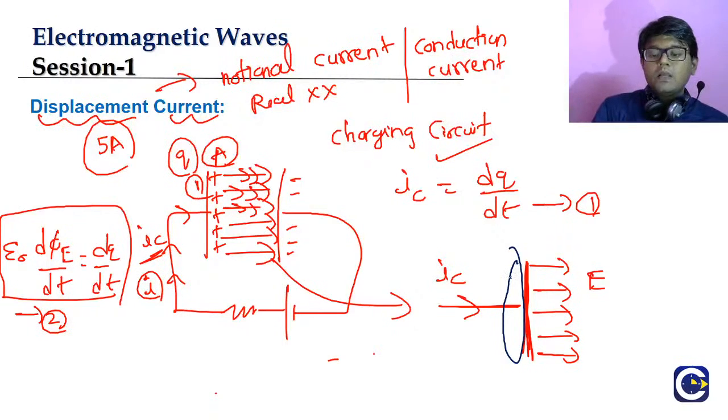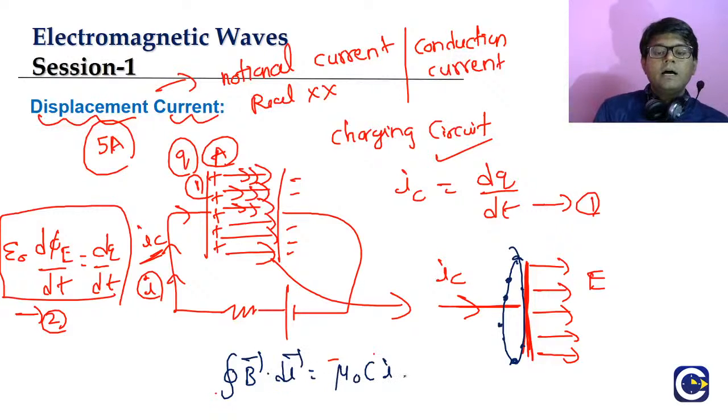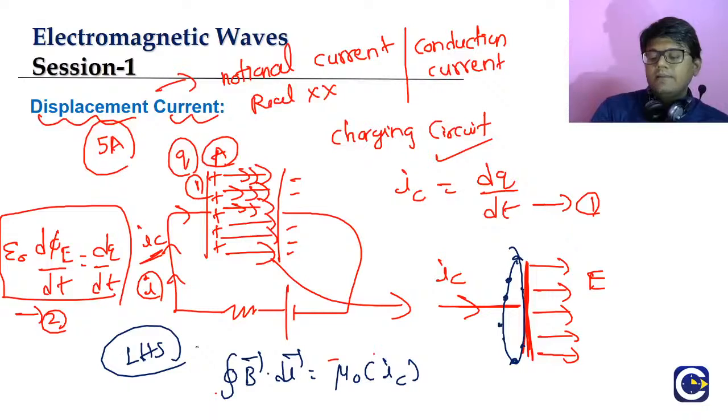Now through this loop, if you want to find the magnetic field at each and every point of that loop, because the wire is carrying current, what formula can we use? Ampere's loop rule: integral B dot dl is equal to mu naught into I enclosed. What is this I? The conduction current, on the left hand side of the plate.